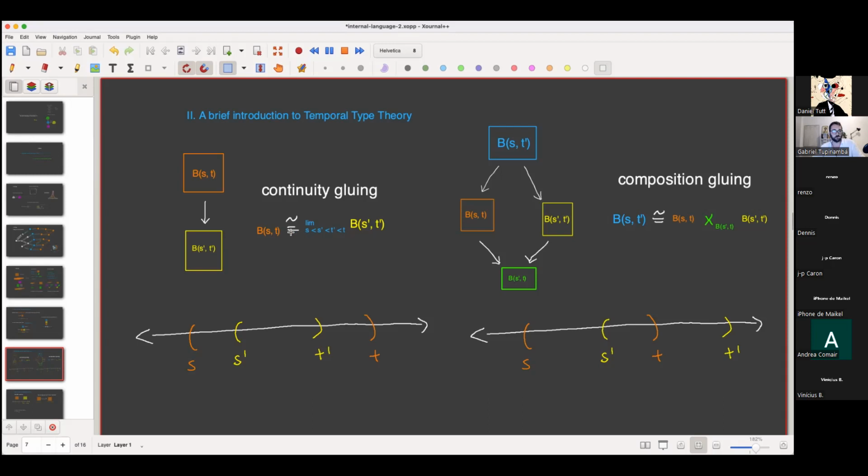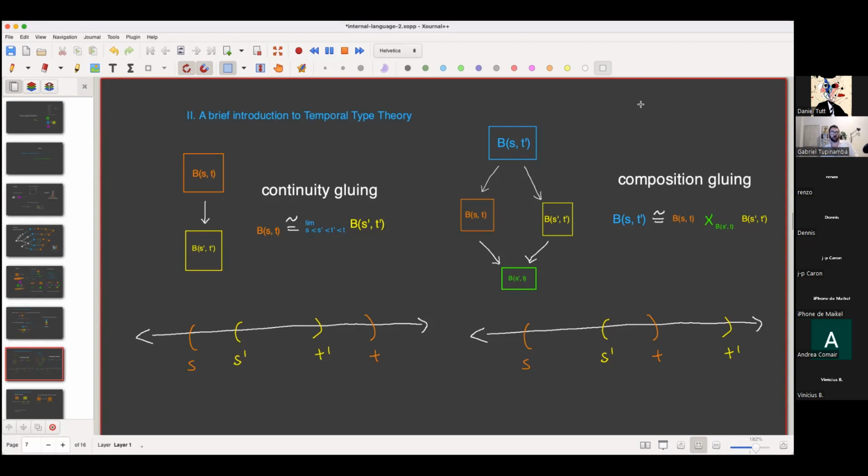So that's what this equation basically means. It just means that the behaviors over S and T are isomorphic to the gluing of all of the sub intervals. So it doesn't matter which S prime and T prime you choose, there's going to be a way to glue it.